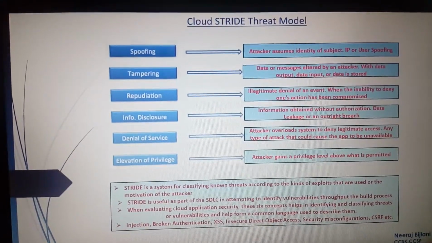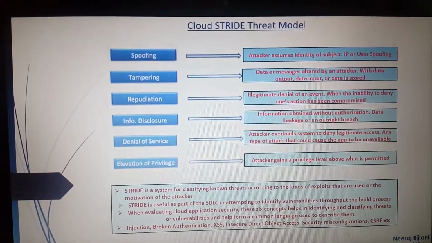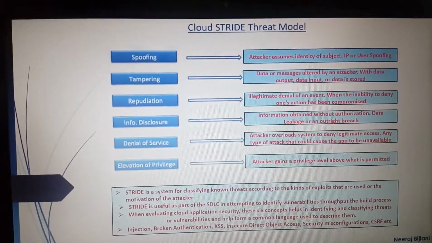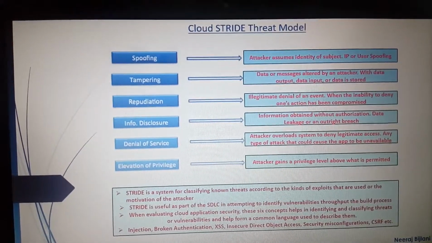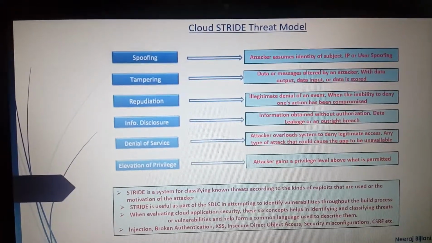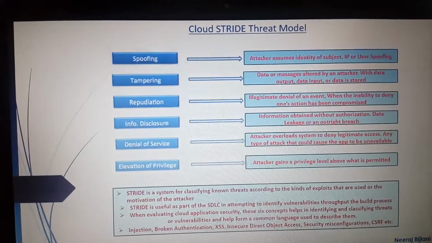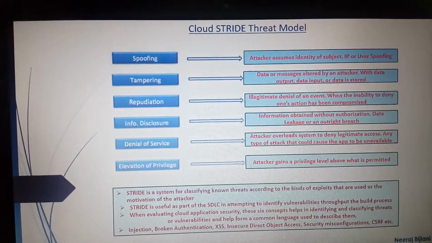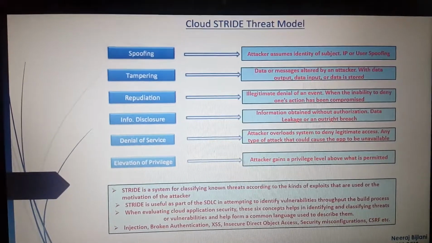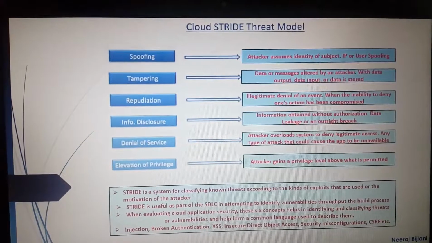Next is information disclosure, where information is obtained without authorization, that is, data leakage. Like you are not an authorized user, but you obtain the data, so that information is disclosed, right? That is the information disclosure threat. This should not happen in the application, because data is stored in most of the applications.